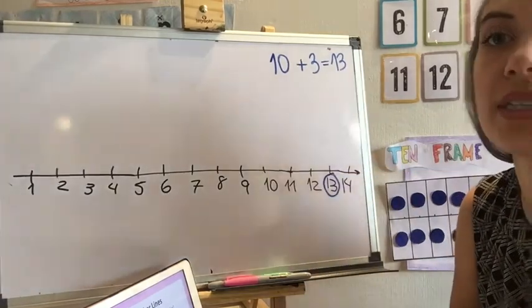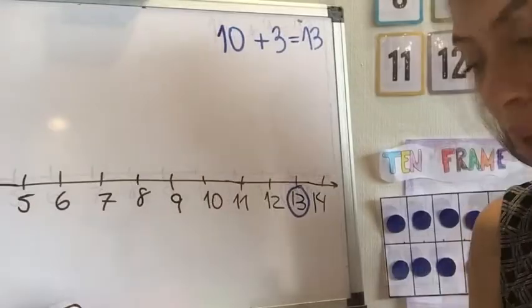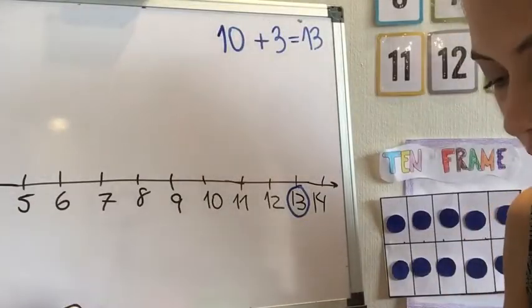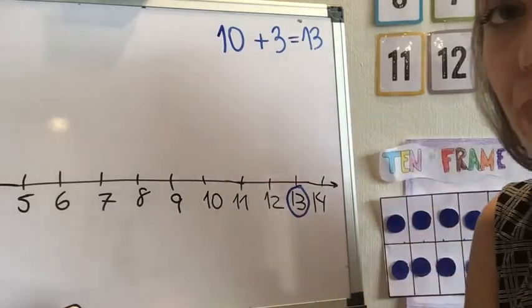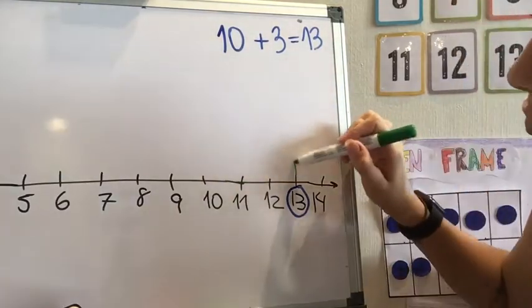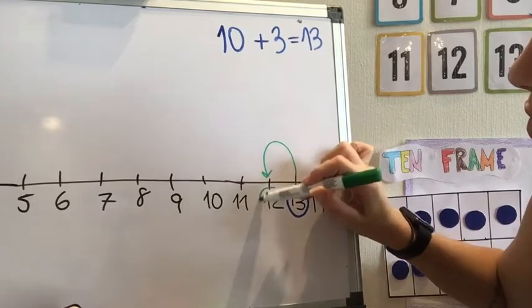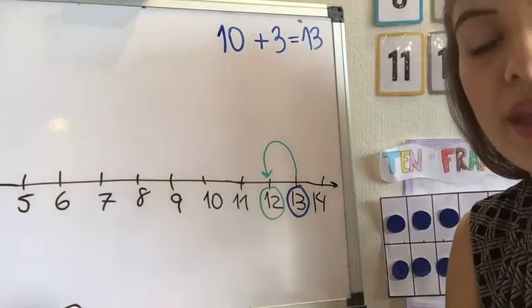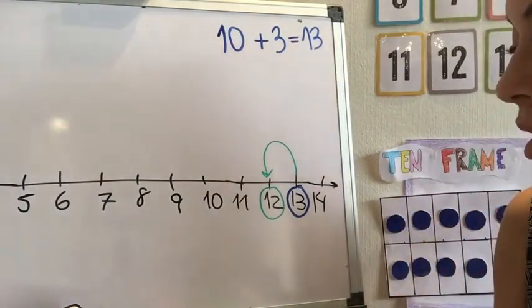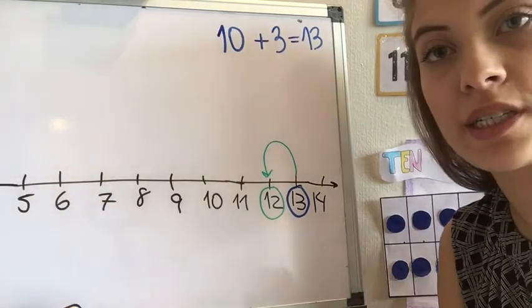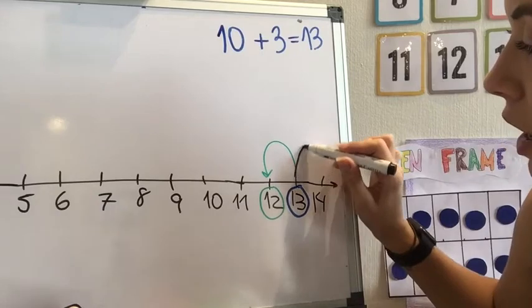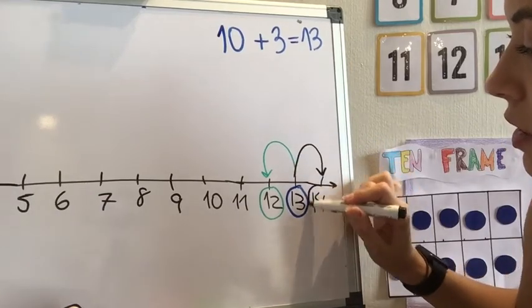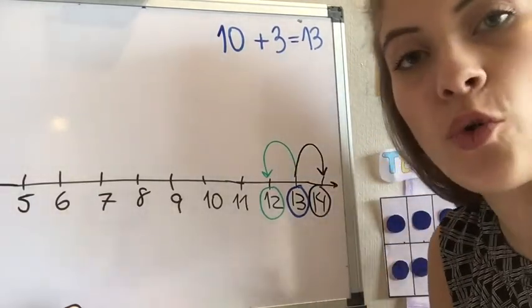That's the number 13. And what is the number before the number 13? The number before is the number 12. Here. And what is the number after number 13? Number 13 is here. The number after is the 14.